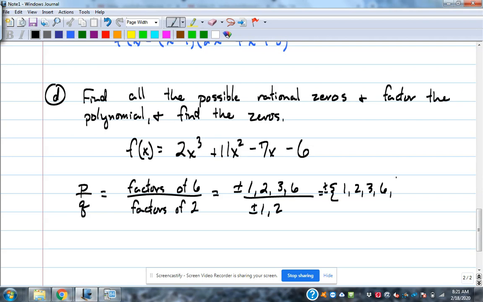Then divide them all by 2. 1 divided by 2 is a half. 2 divided by 2 is 1. I already have that one listed. Don't have to write it again. 3 divided by 2 is 3 over 2. 6 divided by 2, that's 3. I've already got that one listed, so I don't have to write it again, and I'm finished.